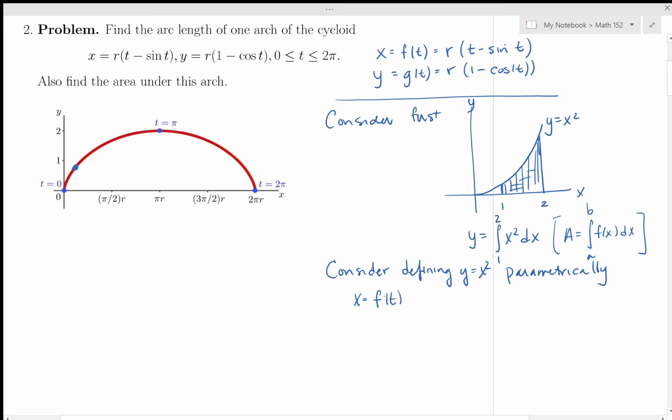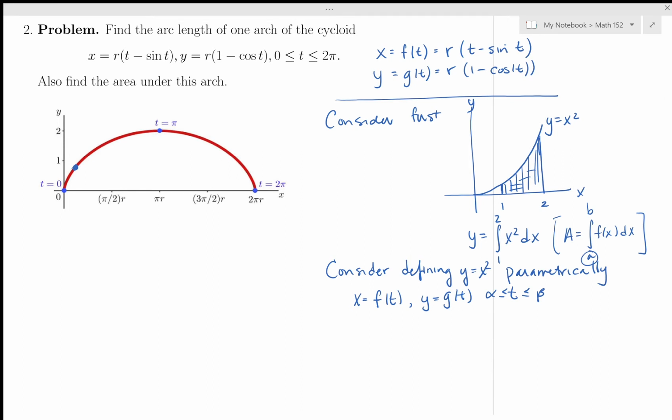So I want x to be some function of t, and I want y to be also some other function of t, and I'm going to have t range between alpha and beta. So I don't confuse the alpha with the a, I'm not going to label those two things the same. And now let us see how we can parameterize the parabola.